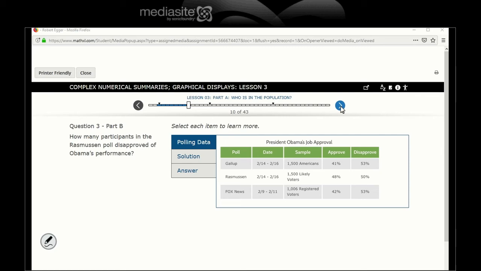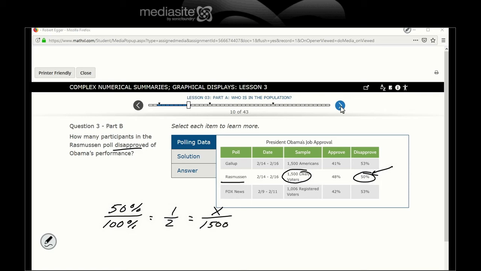Next question. Let's look at Rasmussen. Now, they're asking how many disapproved of Obama's performance. So out of 1,500 likely voters polled, 50% of them disapproved. So again, 50 out of 100, which is a half when you reduce it, equals X over 1,500.